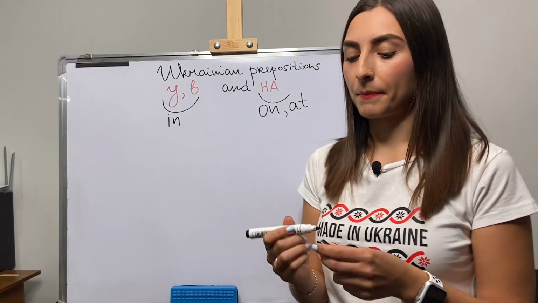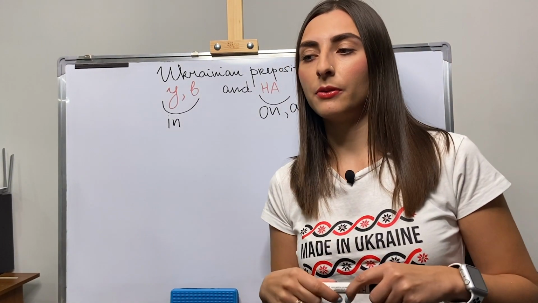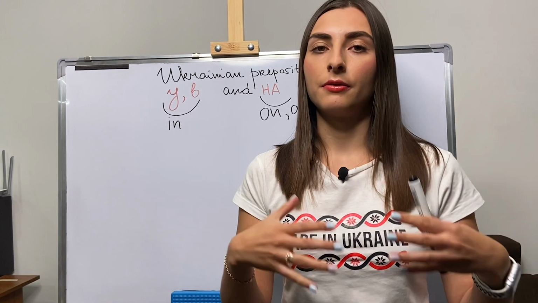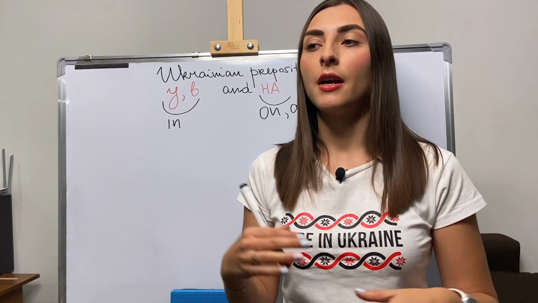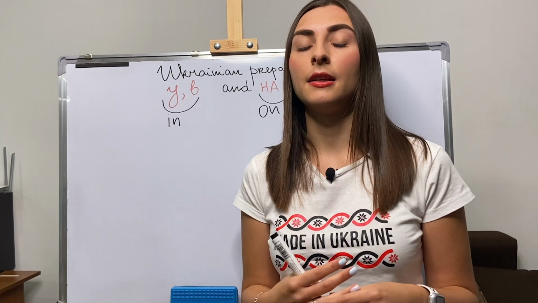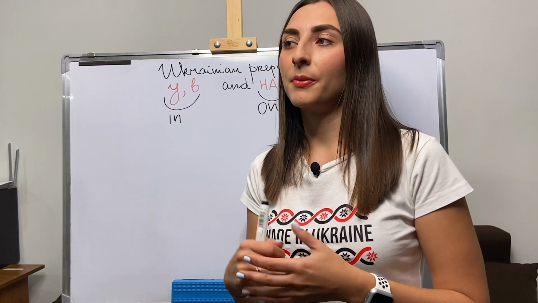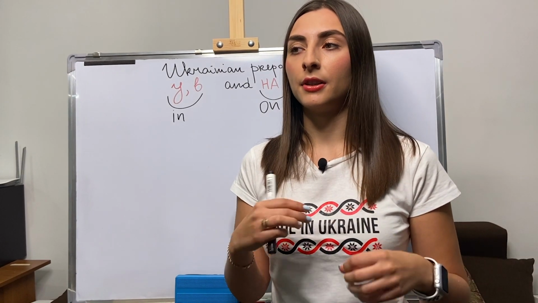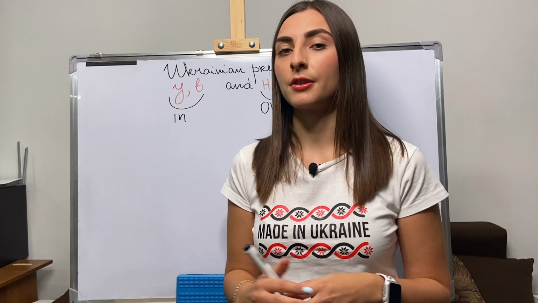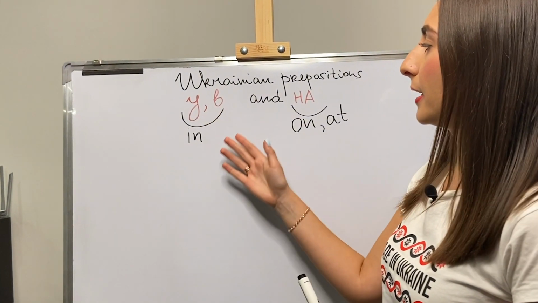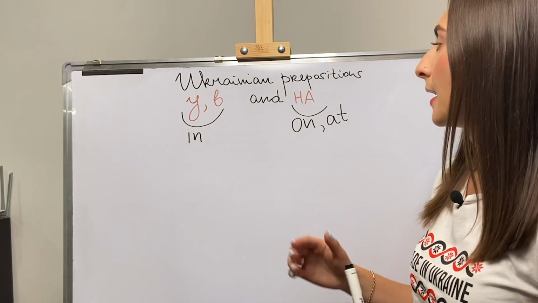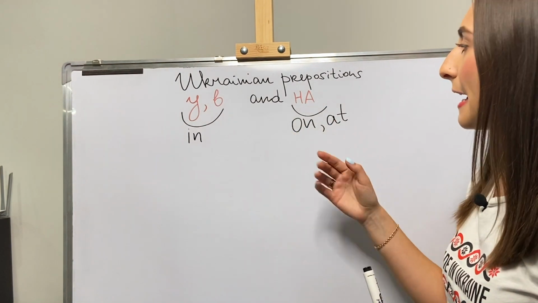Prepositions of place indicate where something is located, and in that case we need to use the locative case. They can also be prepositions of time, with different meanings and translations. So у, в means in, and на means on, at.